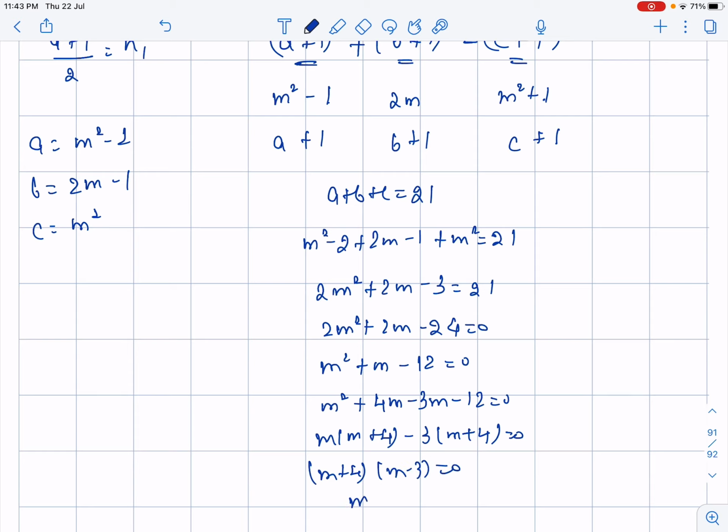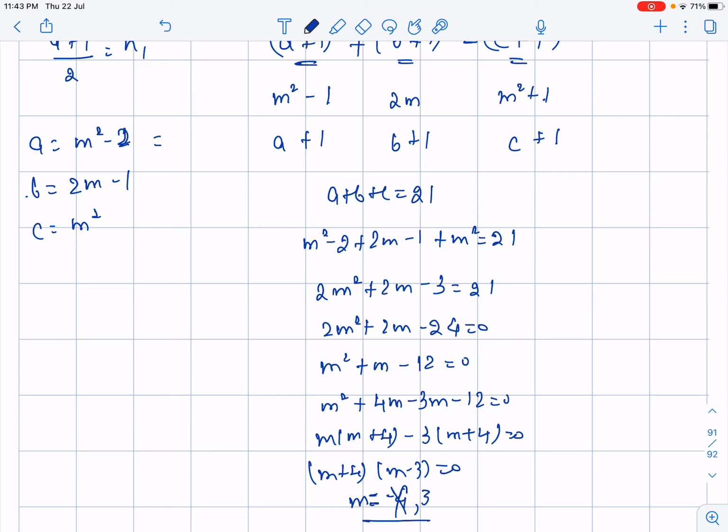So m is equal to minus 4 or 3. Now, my dear students, I want the value of A, B, C. So m cannot be minus 4, because if m becomes minus 4, B will become negative. So m will be 3.